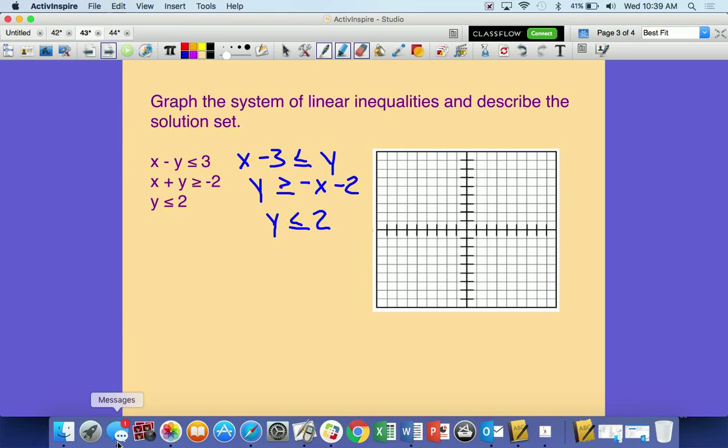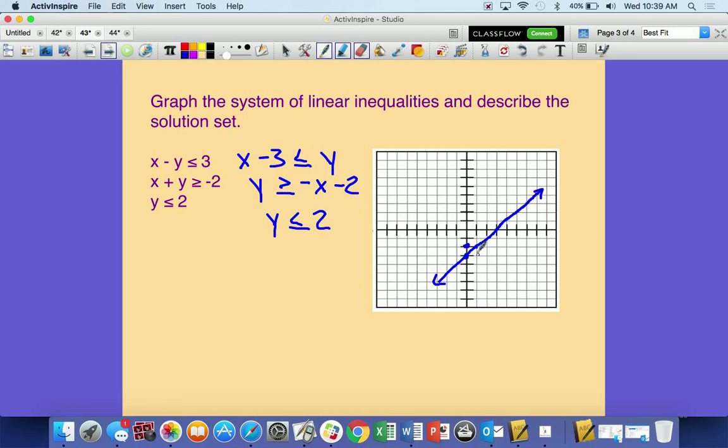Alright, so for our first one, we'll go down 3, and then our slope is 1. So up 1 over 1. Our second one, our y-intercept is -2.